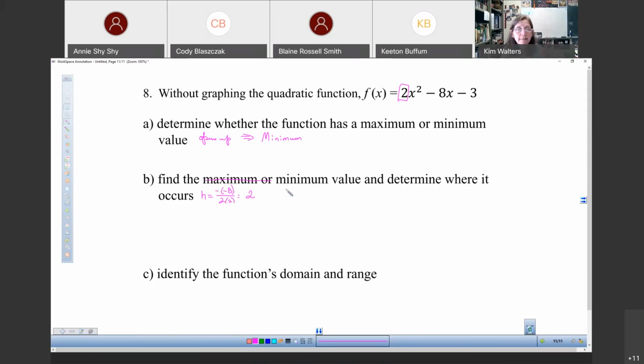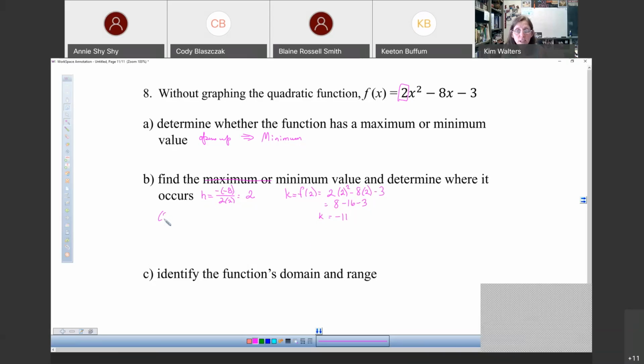Then I need to find the k part by plugging 2 in for x. And so I'm going to have 2 times 2 squared minus 8 times 2 minus 3. This is going to give me 8 minus 16 minus 3. That's looking like a negative 11. So that's my k part.